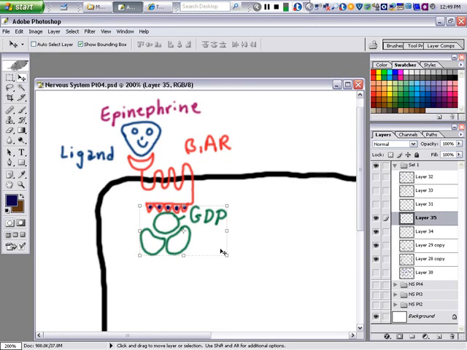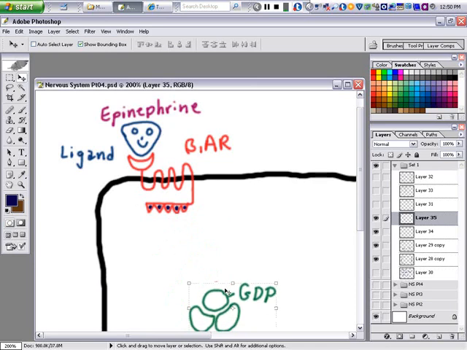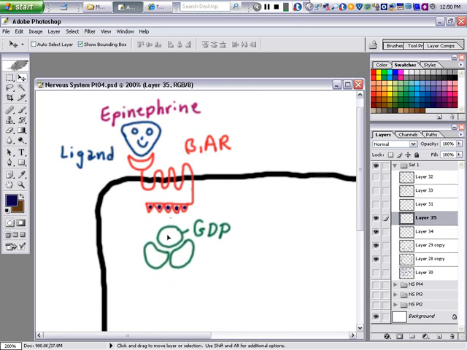Everyone okay with what's going on so far? Let me repeat that again. When epinephrine is not bound, the trimeric protein, with GDP attached, is just going to be in the cell, not doing anything. It doesn't care what happens. But once epinephrine binds, that's going to change the inside of this receptor. Now this protein is going to go to bind with the receptor.